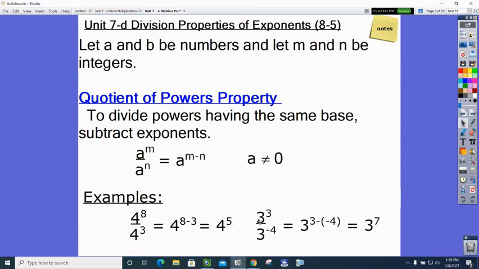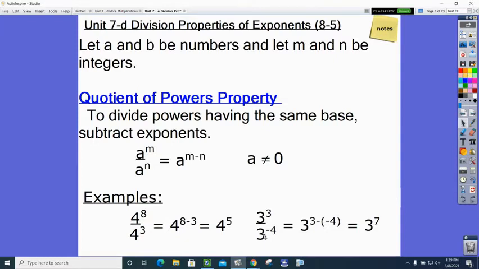So if we take a look at this one, in my mind, like working with this negative, you would take the top common base, write the base, top exponent minus the bottom exponent. And 3 minus a negative 4 is the same thing as 3 plus 4, which would be 3 to the 7th.